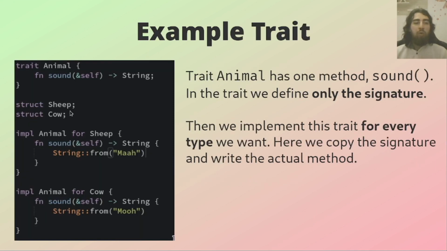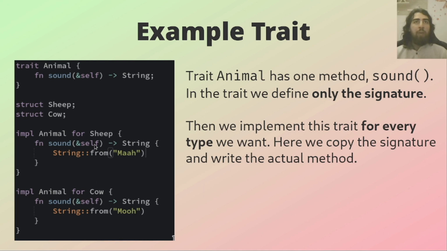As you can see over here, we have 2 custom types, sheep and cow. Now we want to indicate that these are somewhat related. So over here we have created a trait animal, which defines 1 method. Then over here we are implementing the animal trait for sheep and for cow.